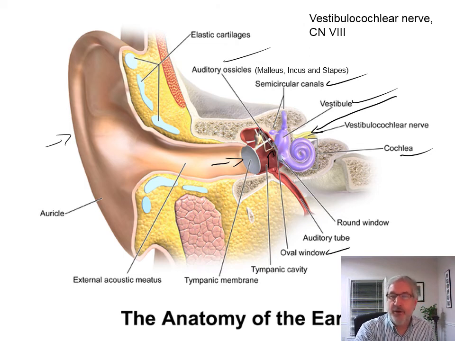That causes movement inside the vestibule and down through the cochlea, and so you hear things. Those vibrations are turned into impulses that transmit down the vestibulocochlear nerve to the brain. Okay, next slide.